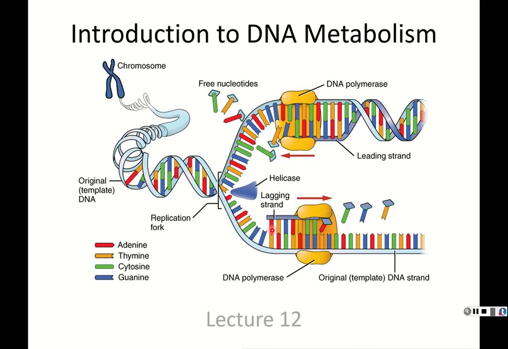But let's say you start here and move in this direction. As this unwinds further, you can see that you're going to have other polymerases fill in the new unwound DNA, and so there's a way that the cell handles this that we'll talk about during the lecture.